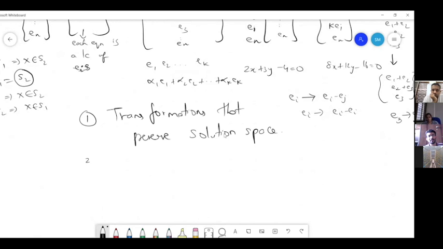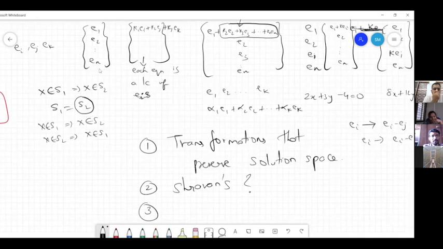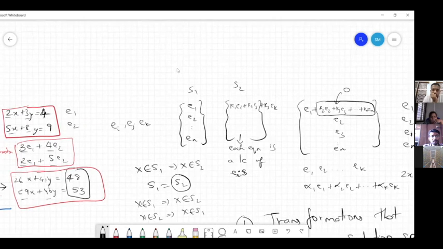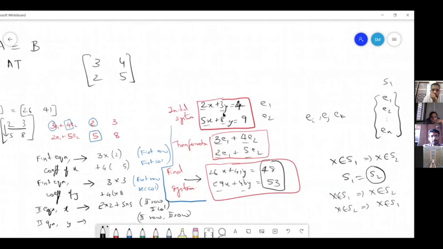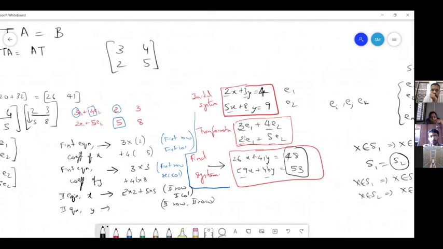Then Shravan's transformation, is it genuine or not? Then, this example that we had covered towards the end, this transformation of 3e1 plus 4e2 to 2e1 plus 5e2, is it preserving?